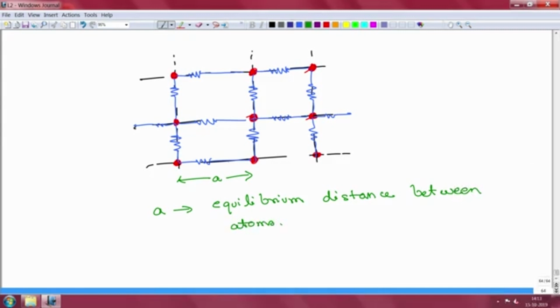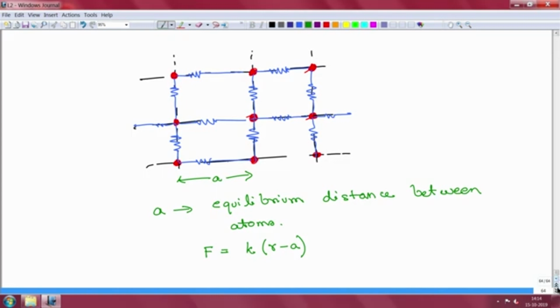Okay. So, when you apply some force and you displace the atoms from this equilibrium distance to maybe a distance of r, there should be a restoring force on the atoms, and that restoring force should be basically some spring constant times r minus a, where r is the displaced distance, right. And k is some kind of an effective spring constant here.